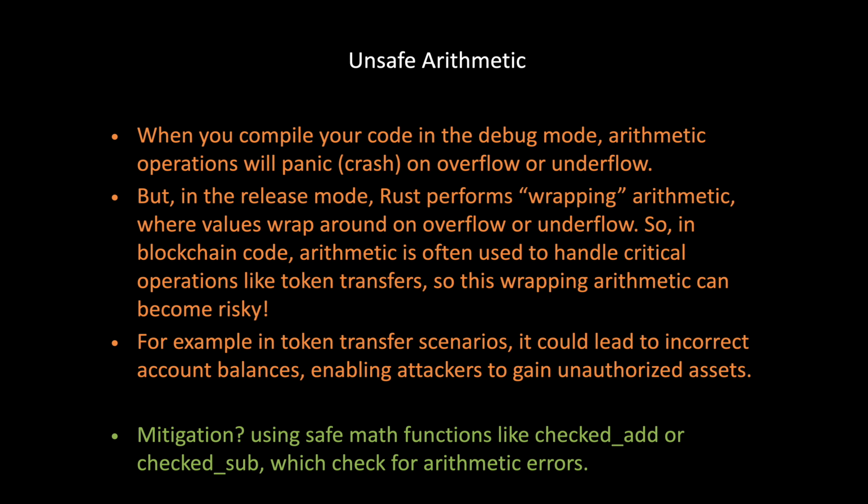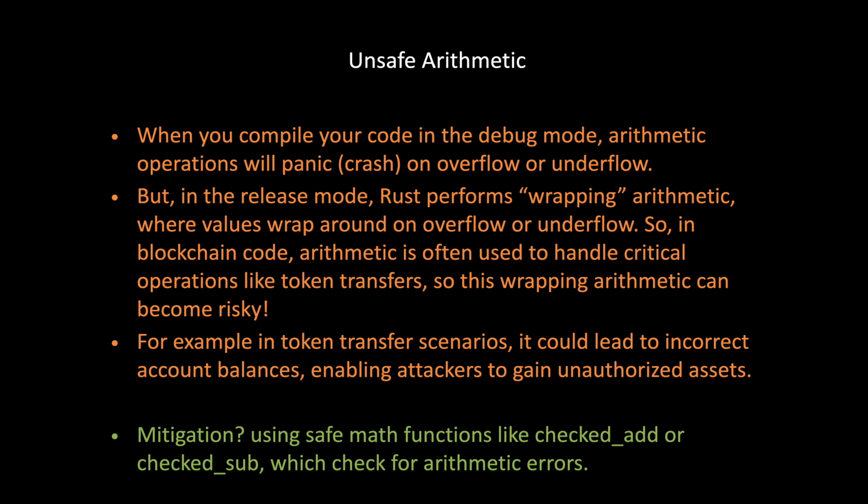But the problem here is if you compile the code in release mode, for example for production, the Rust compiler actually ignores this issue and tries to wrap around that arithmetic value, around the overflow or underflow. So here it doesn't panic, so we don't notice the issue.